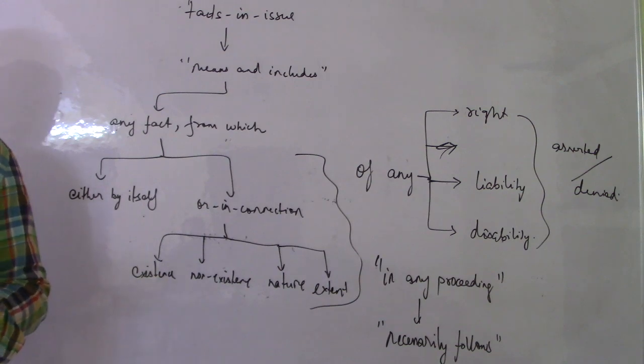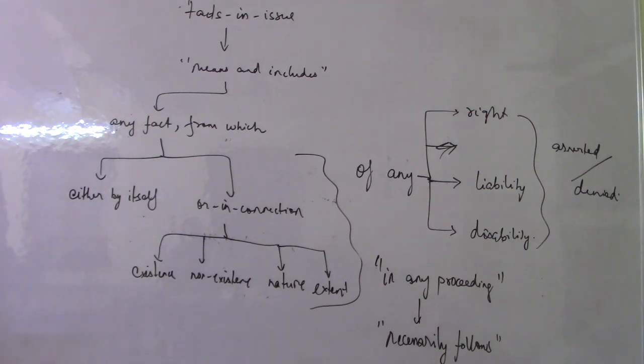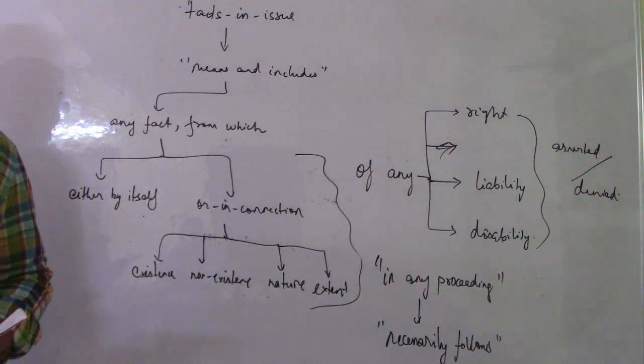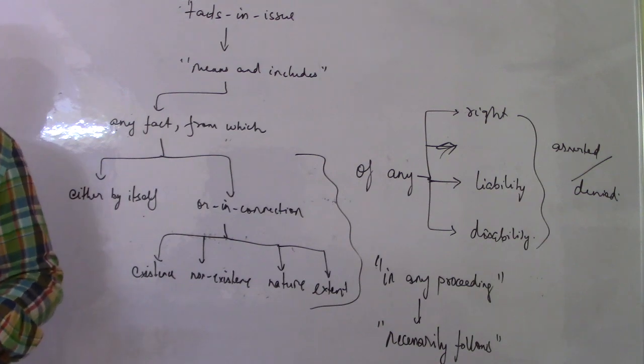Because the moment we establish that a person has suffered grave and sudden provocation, murder is reduced to culpable homicide. So the extent of the liability is reduced.